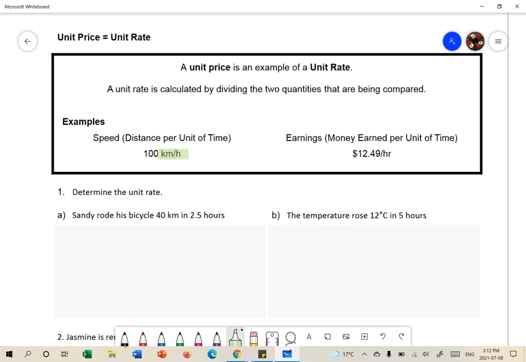Those are two different units. And earnings is usually dollars per hour. And those are two different units. So a unit rate is when you divide one unit by another to determine the unit rate.